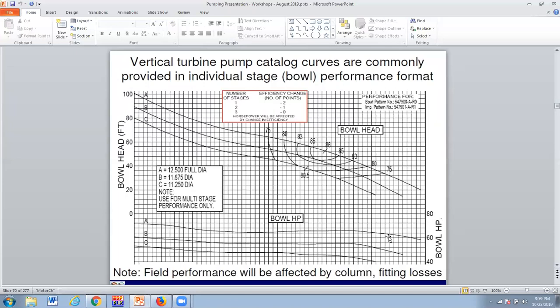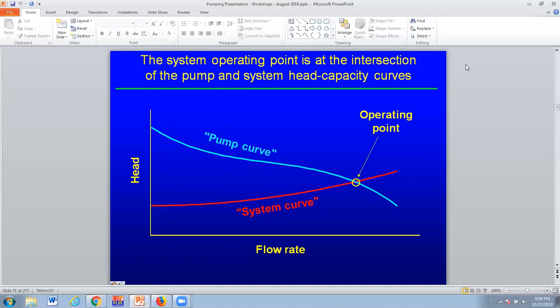Most of these are 2, 3, 4, 5 stages, and there's some notes in here about how to use the chart to determine efficiency with different numbers of stages of pumping. So you should look over that. That's a pretty good curve. Okay, so here again, we're saying where do we operate at the intersection of the pump curve and the system curve. So you guys know that.